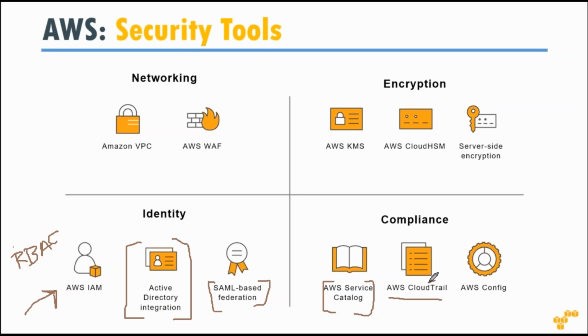CloudTrail, as the word says, is a trail. Once you enable the service, it is just a checkbox. Whatever happens to your account, say somebody is requesting a service, or deleting a service, or reconfiguring a service, every API call to your account is tracked.